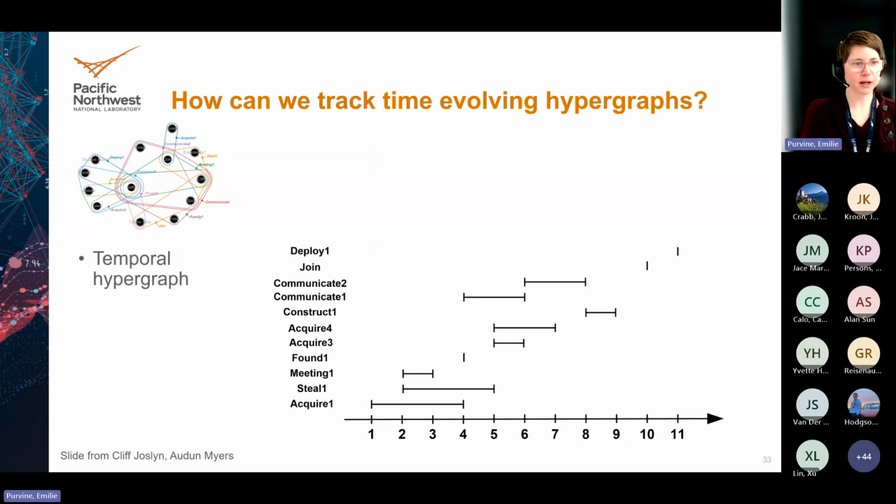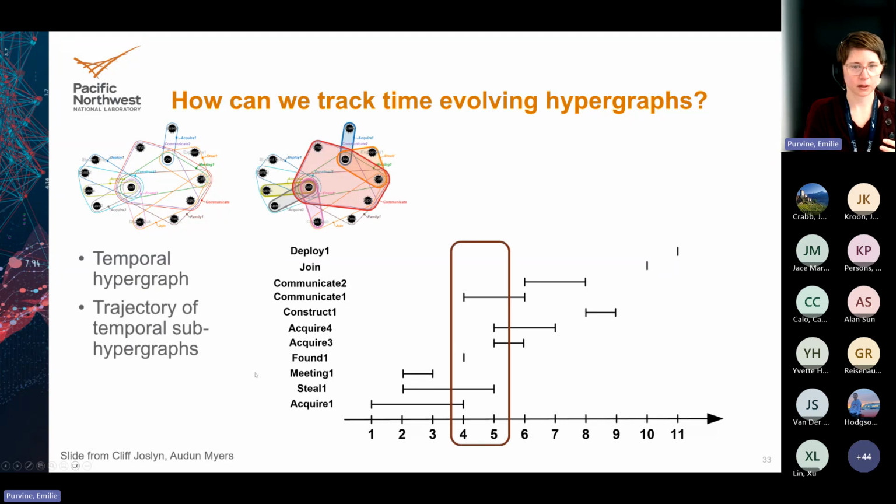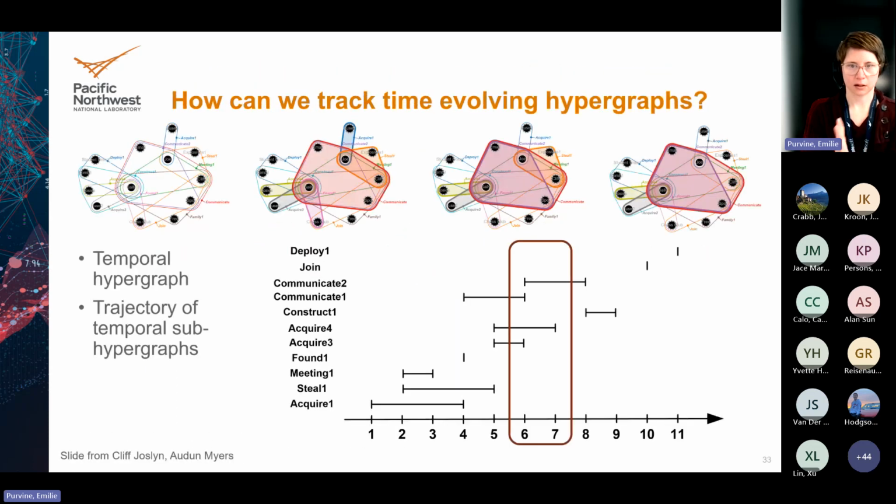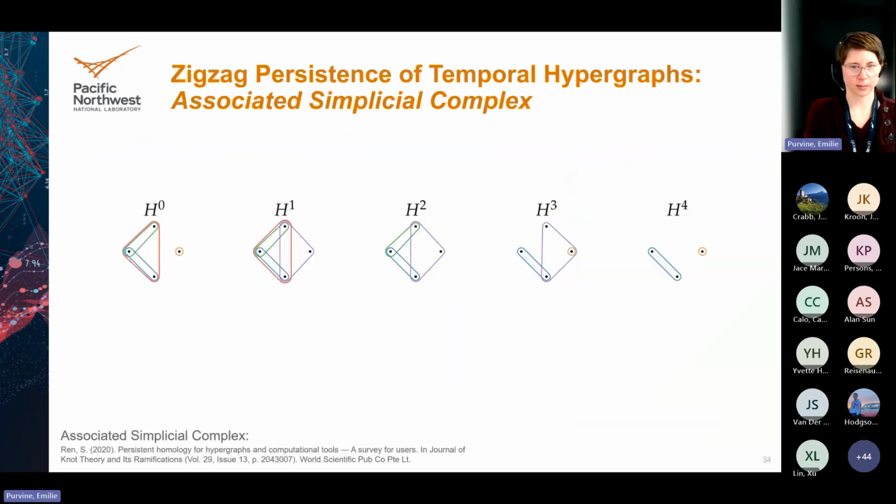So temporal hypergraphs would be a hypergraph where every hyperedge has a time or a time interval associated to it. So here's an example of hypergraph names and time intervals that they're active.